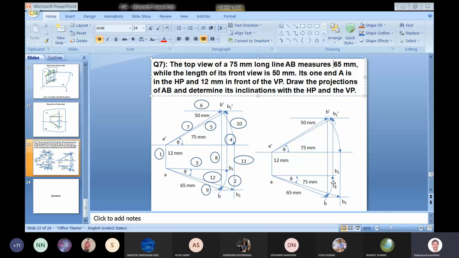So wherever these two intersect, we will get a point B, and we can join these two lines. It will be 65 because it is already measured, since this arc is from 65 only. So B point has been obtained by drawing this vertical line and its intersection with this arc, so we get the point B.